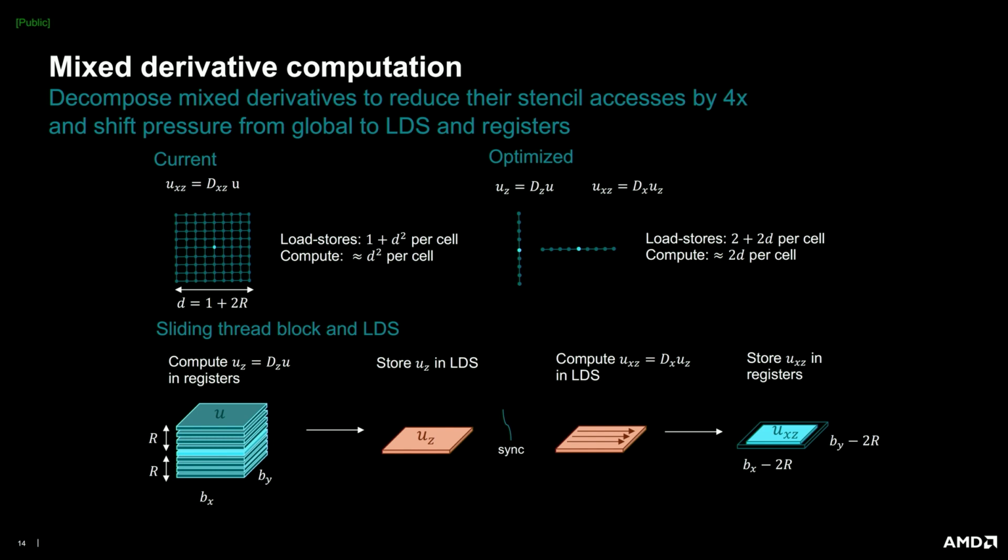And here's a little idea of how it works. You have your vertical slice, you store that in your LDS, you sync, wait for the data to be available for all your threads, and then you can compute in LDS to get the next one, and boom, you have the result eventually. And this is where that overlapping technique comes in, which is nice because now you don't have to load any of that data in the halo regions for storing the wave field; it sort of comes for free, there's no extra logic.